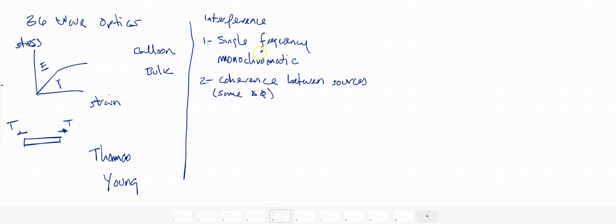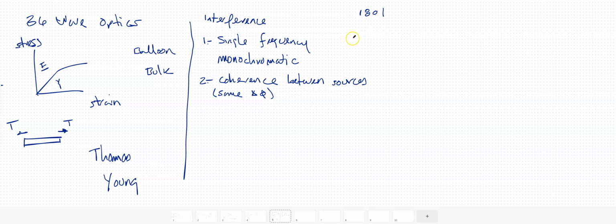So with sound, this is not that hard to achieve. Single frequency, same speakers, same oscillator for both speakers, and the coherence can also be easily adjusted as long as the two speakers are in phase at all times. But with light, this is very hard, especially in 1801, when Young did this.